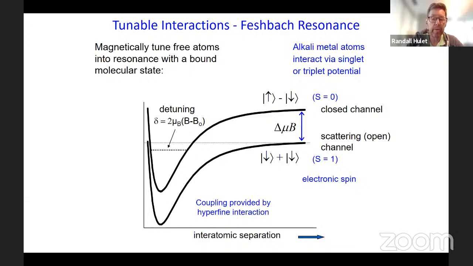In frequency units, it's of order 10 kilohertz or so. And this detuning is really big, of order hundreds of megahertz. And so we tune this detuning by applying a big enough magnetic field that we can change this bound state from below resonance to above resonance. Yeah. Any other questions?